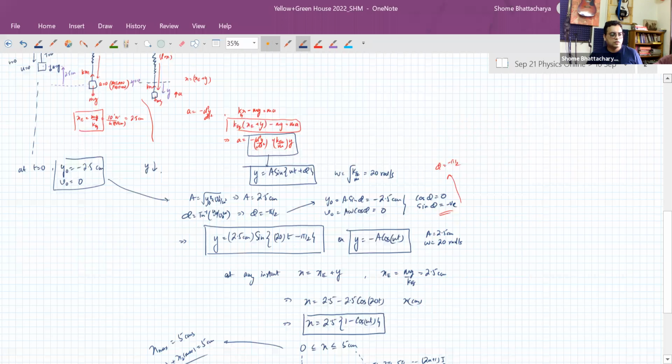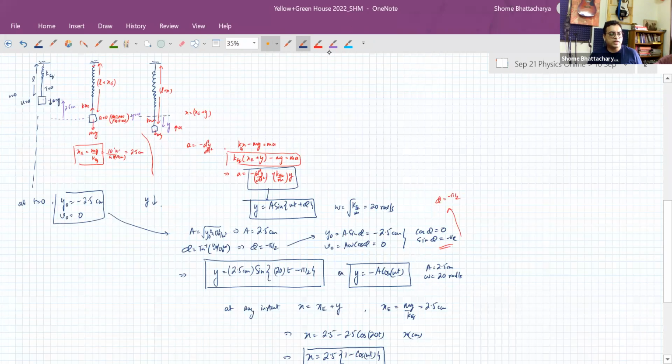The y as a function of time, which is the downward displacement of the block from the mean position, would vary like a minus cos omega t function.